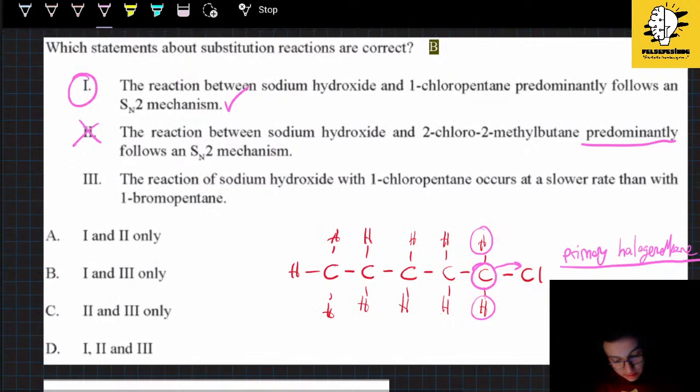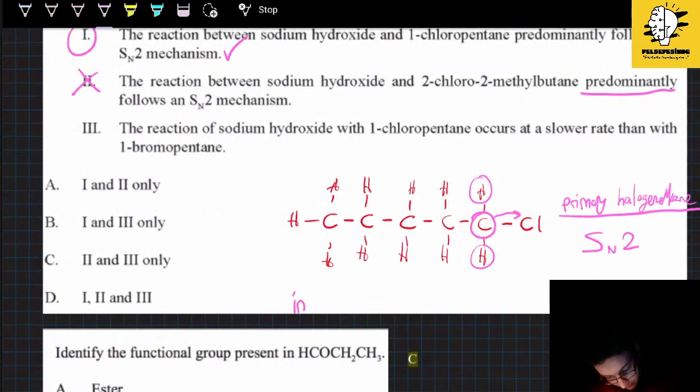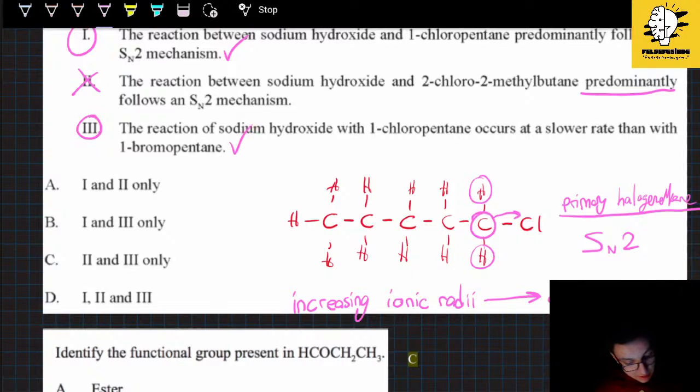Please remember that increasing ionic radii makes it a better leaving group. Just like iodide, it is even better than bromide. So we said 3 is also correct, so our answer would be B.